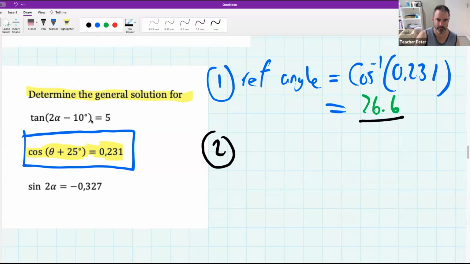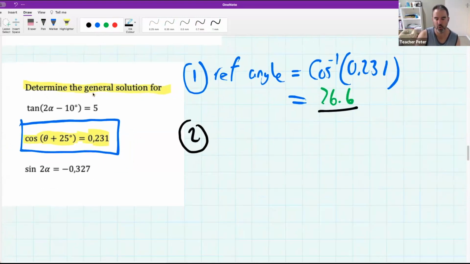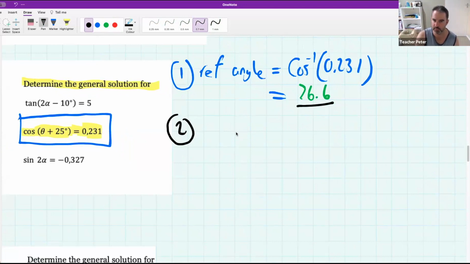What is my second step going to be? You can put it in the chat. It's quicker if you just put your hand up, but I will take suggestions from everyone. So Sange, I see reference angle. You're absolutely right. What is step 2 going to be? I feel like it's going to be the same thing we've been doing all along. It's going to be find the correct quadrants.